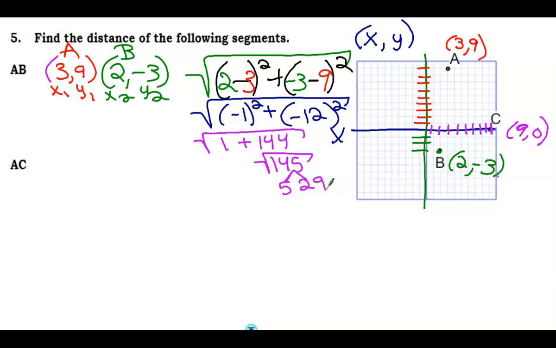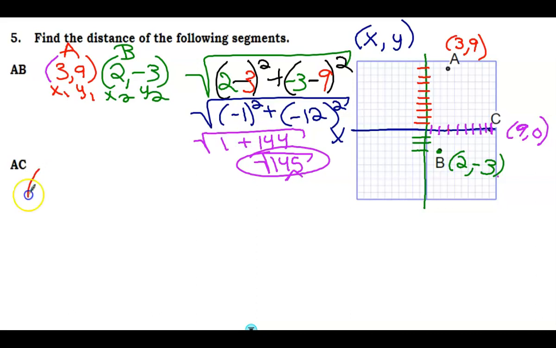So yeah, the square root of 145. Now can a 3 go in to 145? Nope. So I can't simplify it. There's no pairs of numbers that go into 145. So then there you go. That's my final answer.